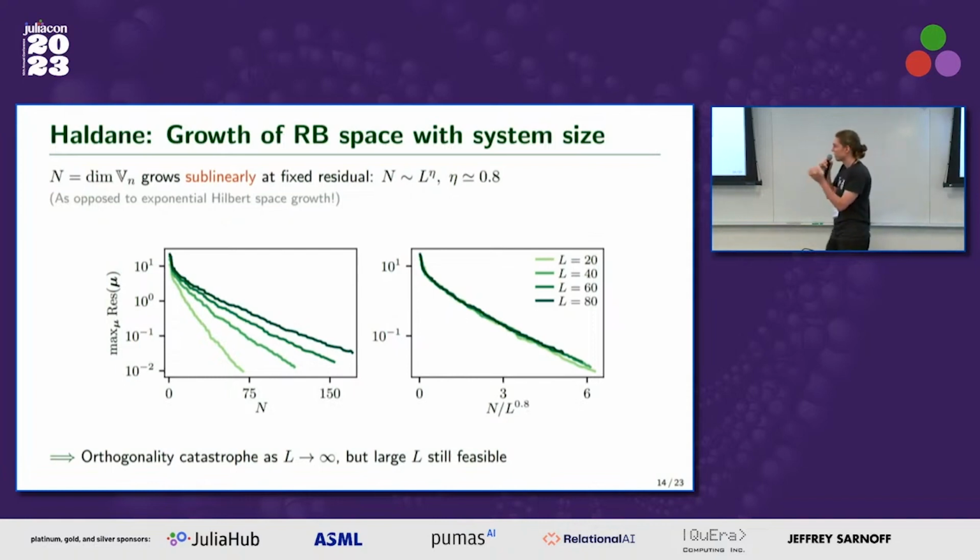So we really have an effective low-dimensional space available. What we conclude is that as we go to the thermodynamic limit, to infinite system size, we do need infinitely many snapshots to construct a basis. However, due to the sublinear scaling, we could still reach fairly large system sizes, approaching the thermodynamic limit.